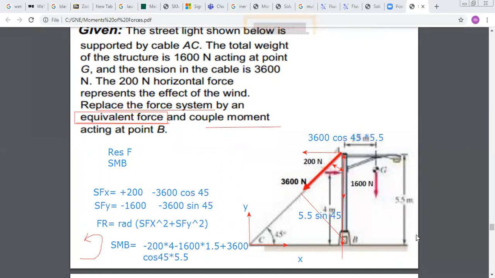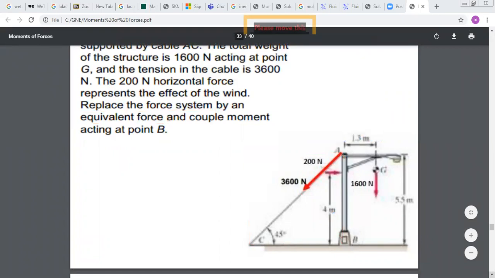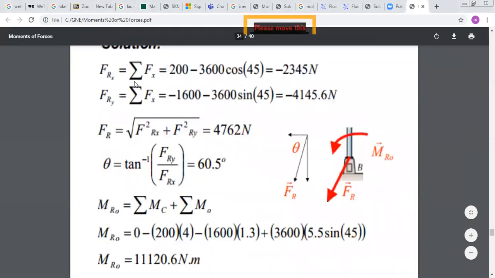If we look here at the solution, first you find FRX, FRY, and the magnitude. You will get that FRX and FRY are both negative, so you can say that FR is in the third quadrant. To determine your angle theta with the horizontal, you do tangent inverse of FRY over FRX.